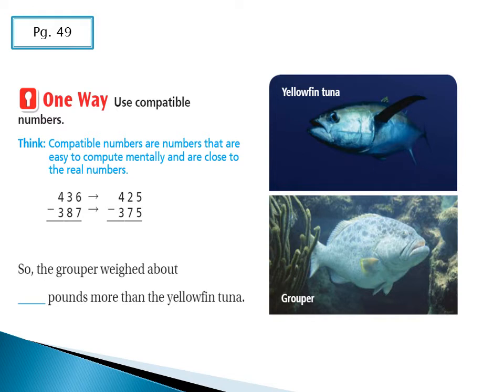Yes, I find the compatible numbers that are easy to subtract mentally. I may not use the same numbers as I would use for addition. 425 minus 375 equals 50. So the grouper weighed about 50 pounds more than the yellowfin.